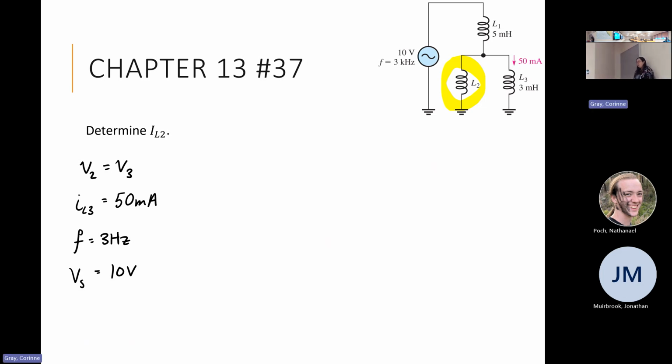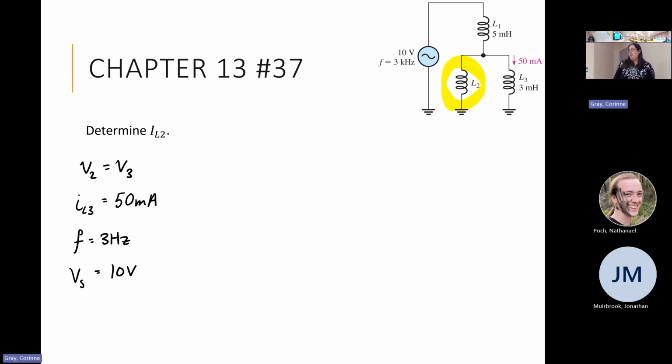So with this question, we are at a little bit of a weird spot, because there's no way for me to find the total inductance because I don't know L2, right? There's no numerical value given to us for L2, which means I can't just figure out the total inductance and do it that way.